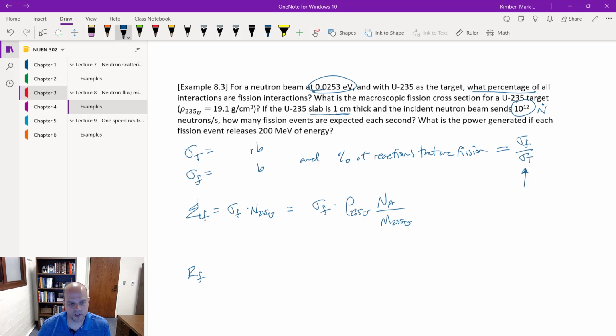So the reaction rate for fission events is just going to be equal to the following. And we're going to replace this here. These three together are my n dot. And this here is my sigma. And we're going to use sigma fission because this is fission.